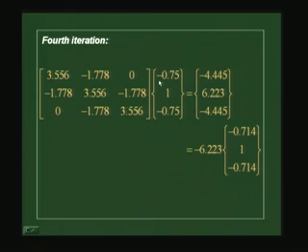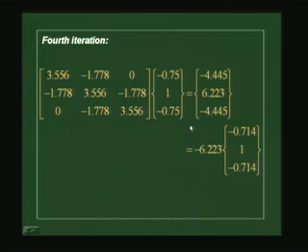We started with minus 0.751, minus 0.75, we ended up with 0.714, 0.714 and 1. If this is truly an eigenvector, this product should give you exactly the same vector, and the number here would be the eigenvalue. A x equal to lambda x, that is our idea in this iteration scheme.